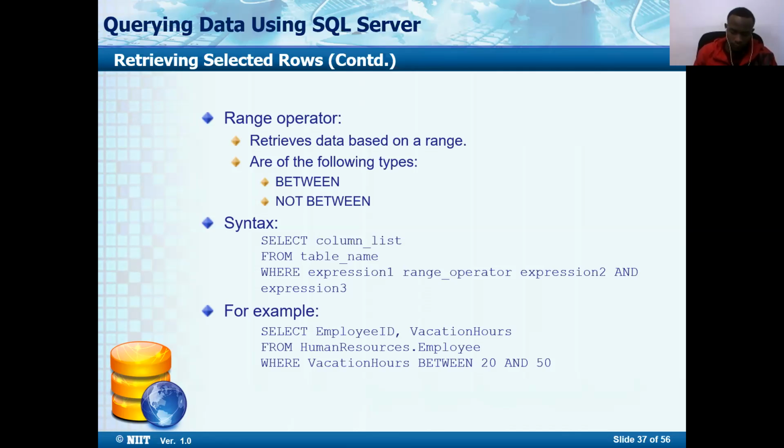So you can use the between. Just take note, between is inclusive of the lower and upper limits. So if you say between 20 and 50, you are saying everything starting from 20 itself all the way up to 50. Okay. Again, when you use not between, you are saying anything other than what is in between those two numbers.